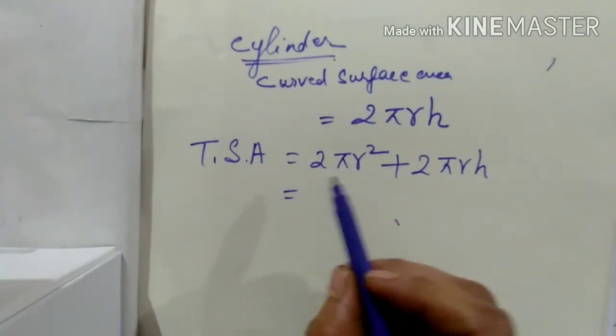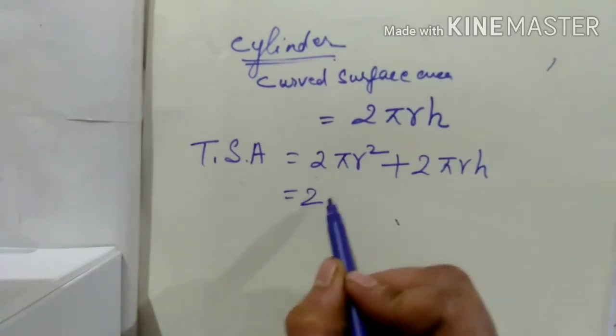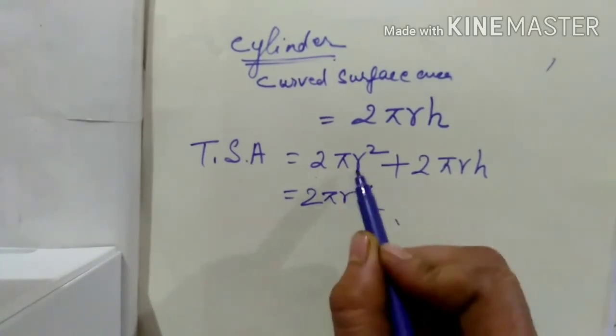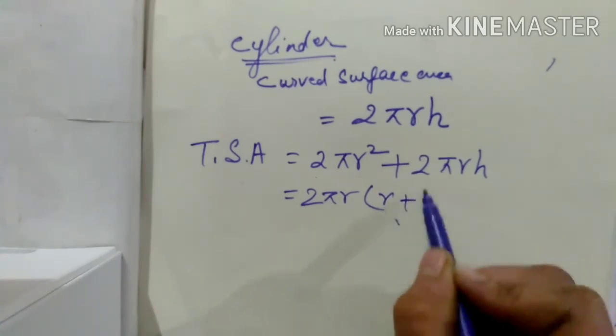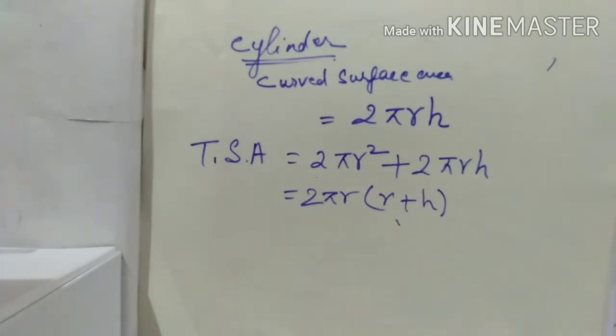Now you can see that 2 pi r is common in both. So we take out 2 pi r common, and from here r plus h. So this is the total surface area of a cylinder. Now you have to use these formulas for solving the questions. Thank you.